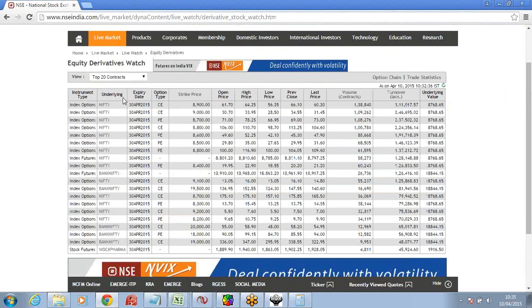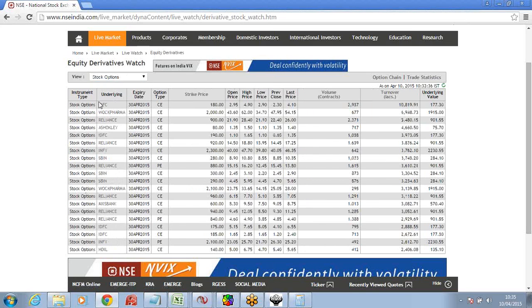You can just go to the option chain. You can see that these are the highly traded scripts: Nifty, Bank Nifty, Biocon, Pharma, or else you can choose stock options also. So IDFC, Reliance, Ashok Leyland, Infosys, SBI, Axis, HDIL, these are the highly traded volumes in options.